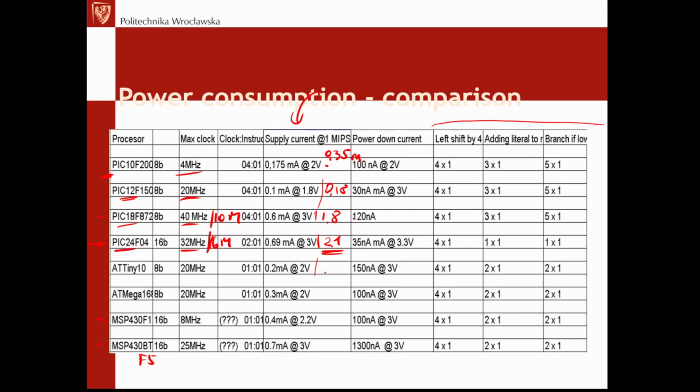In case of AVRs, worse than PIC12, but remember, ATtiny is a bit larger, so a bit faster, than PIC10 and PIC12 even. But interestingly, the ATmega168, which is on the level of PIC18, of course weaker than PIC24 because it's 8-bit, but it's faster because it's 20 megahertz instruction clock rate.